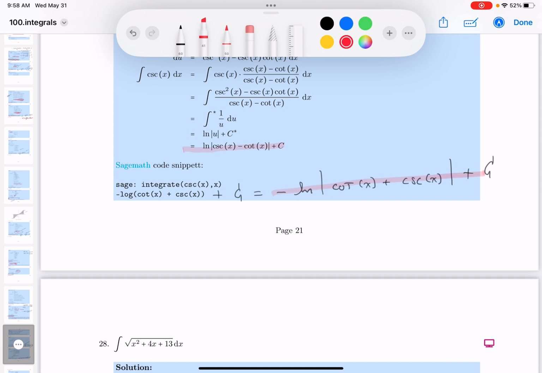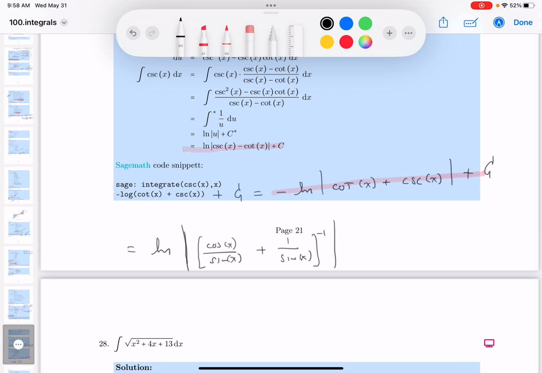So I want to rewrite the Sage output. The way I'm going to do that is I'm going to rewrite this as equal to the natural log of the absolute value of the cotangent, as the cosine of x over the sine of x, plus, that's going to be 1 over sine of x, and I'm going to put this to the minus 1 power now.